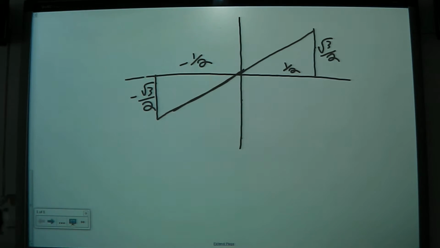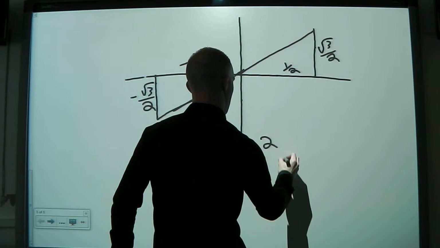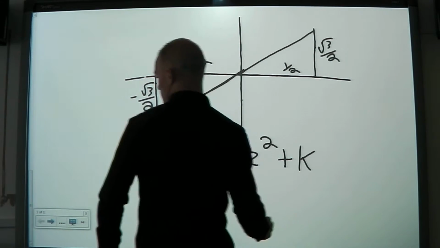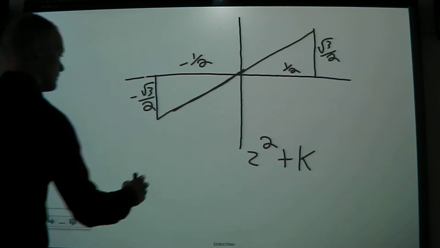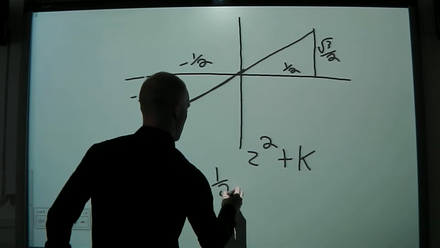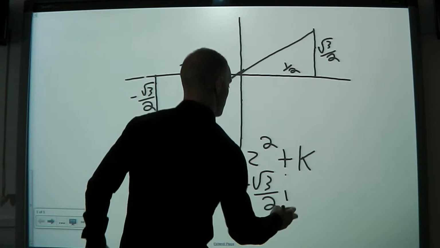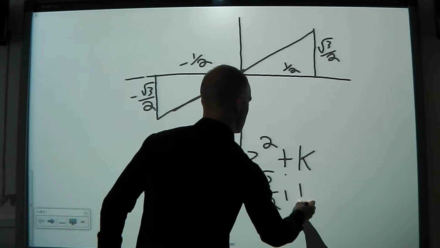And we're told that the point z squared plus k is collinear to this. Okay, it's collinear. Now we know our z squared is equal to a half plus root 3 over 2 i, plus k is collinear.